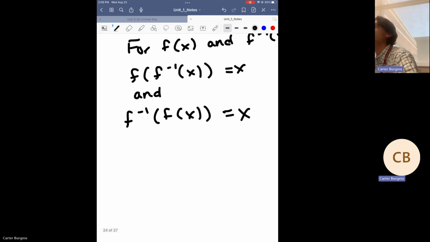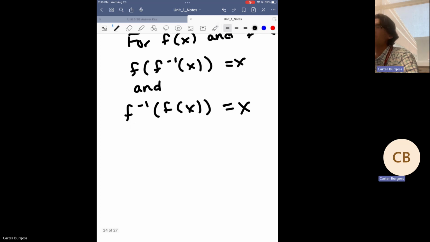Or below, what is the input whose output corresponds to the input of x? Also, if you're able to track the language there, the answer is pretty redundantly going to be x. But we can think of this in math terms as: when we compose inverse functions, they undo each other. This is a definition.